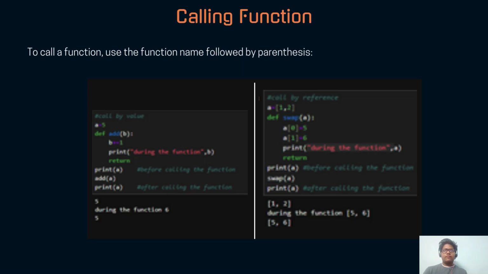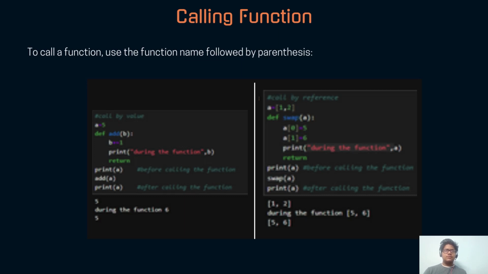As you can see, I've created functions add and swap of a and b respectively. I have called the add function, and you can see the changes before, during and after the function. Similarly, you can see the changes in the swap function before and after.